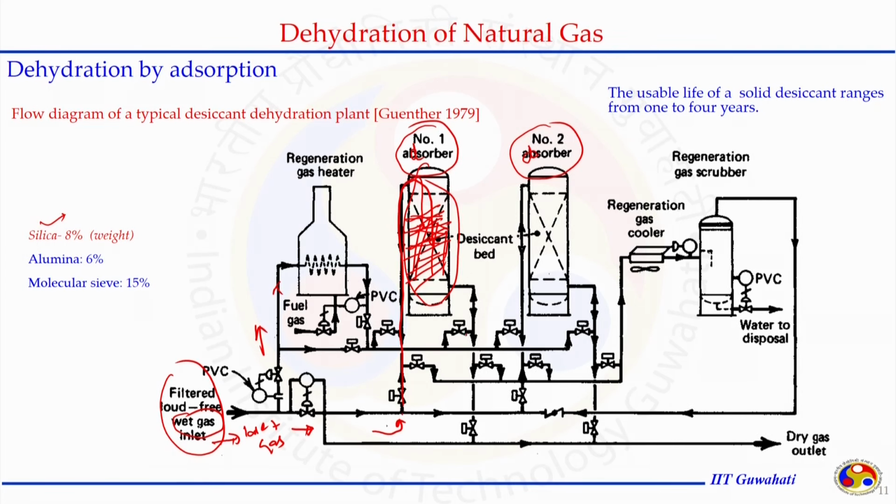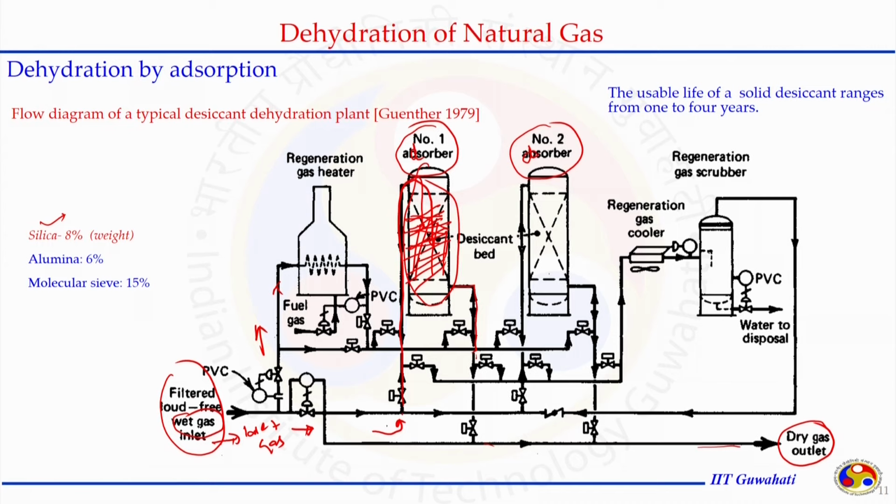And when it happens, what will be the situation? We are going to get the gas from the bottom part, and when this gas comes out from the bottom, it may go to the end and be the dry gas outlet, and this will depend on the efficiency of this adsorption process.